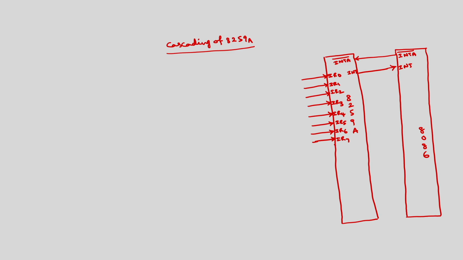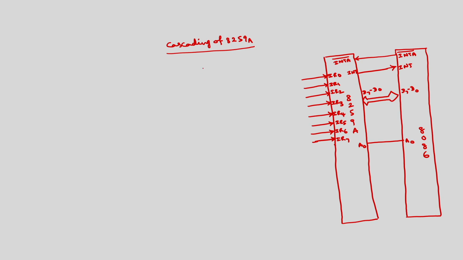Then we have this A0 line of this one is connected to A0 and data bus will be connected together. We have D7 to D0, this will be connected to D7 to D0 of the lower order 8 bits of 8086 address data bus.